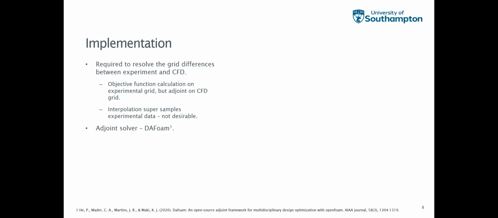And in DAFoam, we made two implementations to handle these discrepancies in the grid topologies. We do that by performing a cell-weighted volume averaging. And this is quite flexible because it can also be applied to 3D data assimilation cases, which is what we are looking to do going forward.